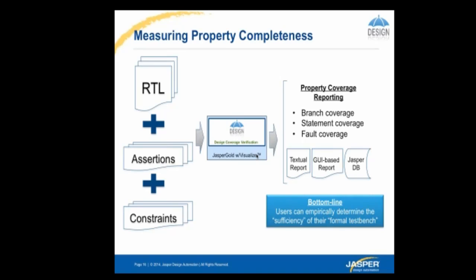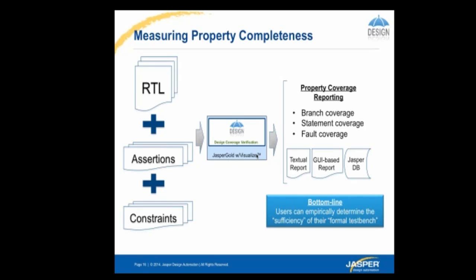And we have a set of queries to extract whatever is needed, for example, how many cover items or what are the cover items that are outside the proof core of a certain property, or what are the cover items that were triggered with a bound less than the property bound, and so on and so forth.